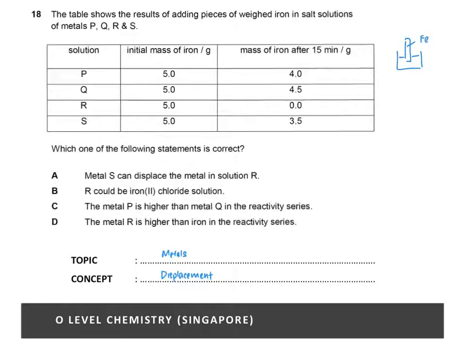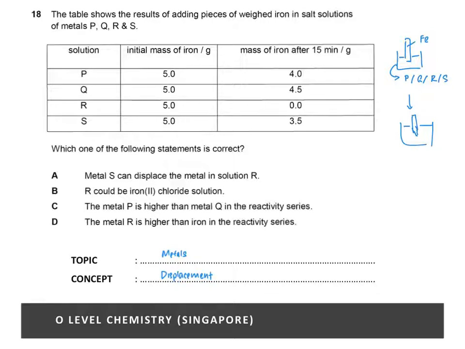Now, should the metals P, Q, R, and S be less reactive than iron, then iron would be able to displace them from the solution. And what would happen is this, that iron will dissolve into the solution. Why? Because it forms the salt, whereas P, Q, R, and S will come out as the metal.